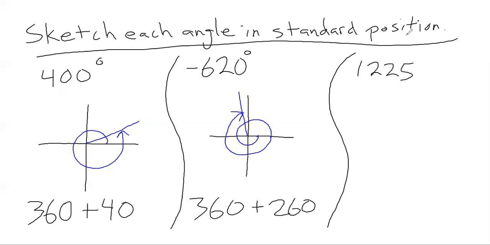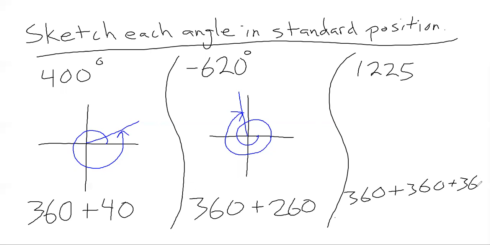Now this last one, at 1225, if I add up a couple of 360s, it's going to take several to get up that high. So I can do 360 plus a second 360 plus a third 360, and that still only gets us to 1080.